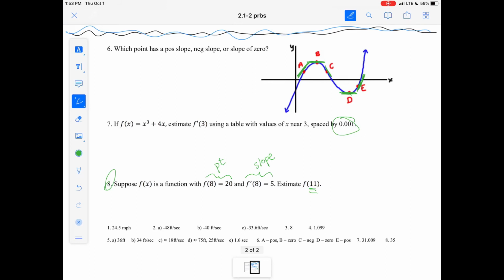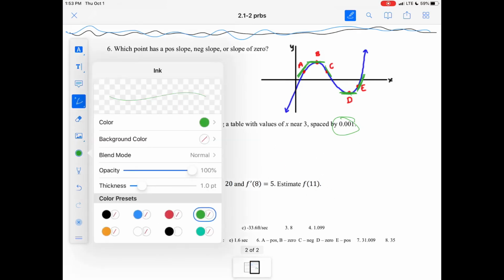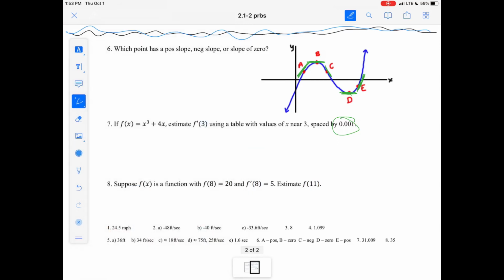So my hope is that your senses from pre-calc or algebra 2 are thinking, if I have a point and I have a slope, what am I going to use? Point slope. We're going to use the linear equation because that's all we know. We know the point, we know the slope. So here's a refresher: y minus y1 equals m times x minus x1.